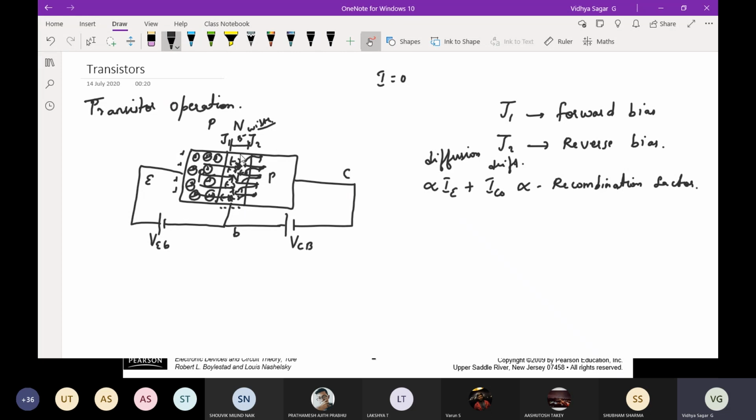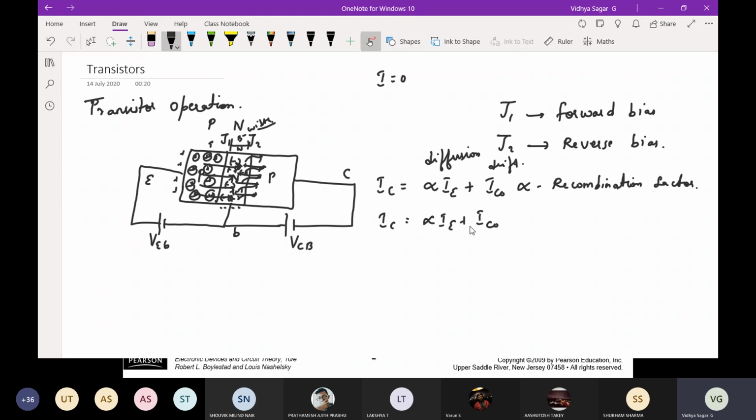This is n type, right? This is n type, this is p type. So the minority charge carriers here will be p type, and they will get drifted through your collector region, and this current will be your collector current. The collector current I would say is alpha times IE plus ICO.